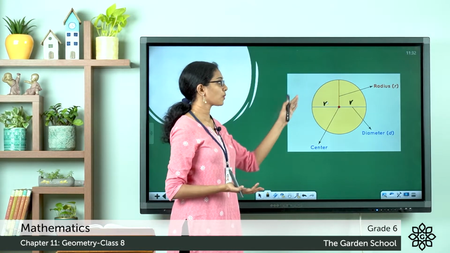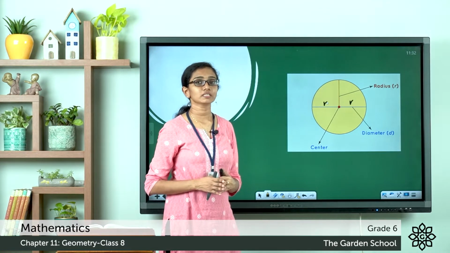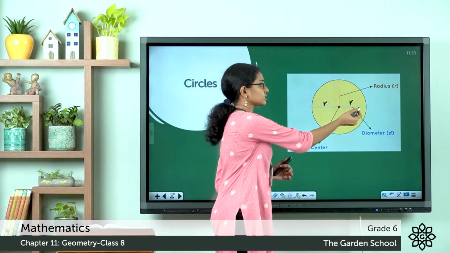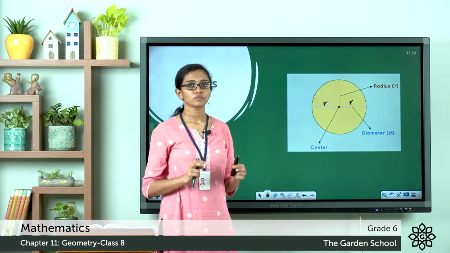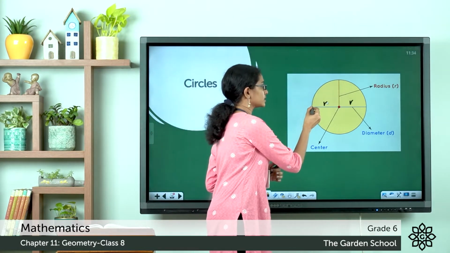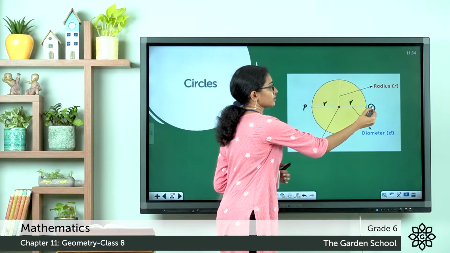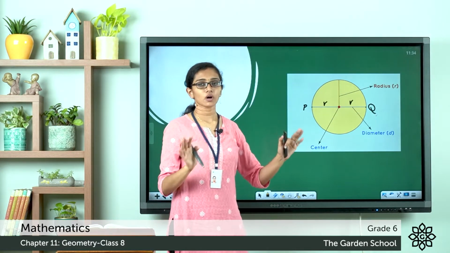Because all the points on the boundary of a circle will be at the same distance from the center of the circle. So if this is R, the radius, this will also be R. Now, let this be point P. Let this be point Q. So line segment PQ is a diameter of the circle.